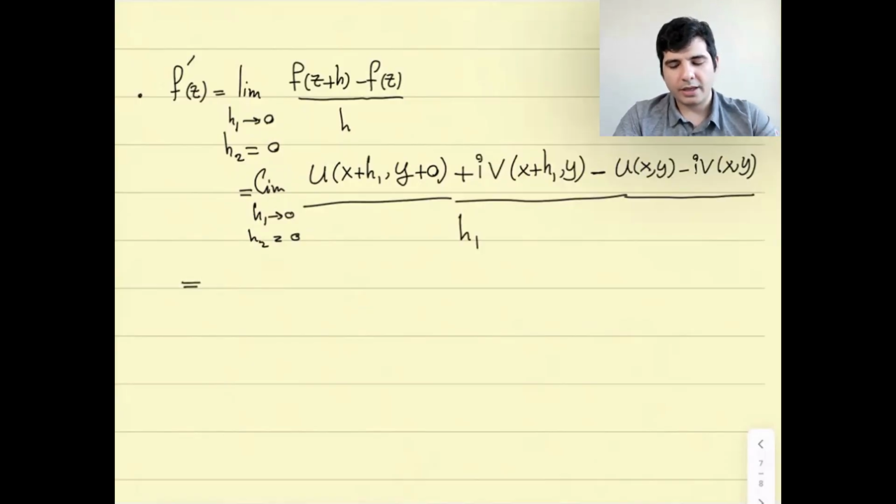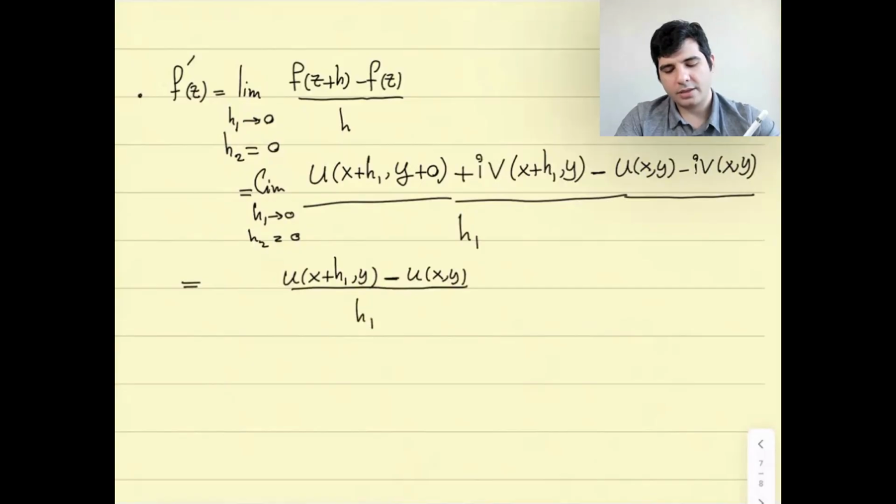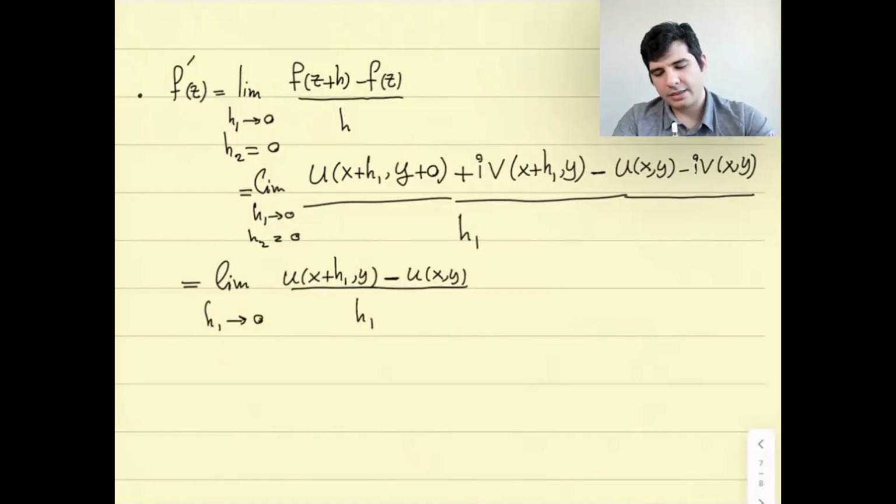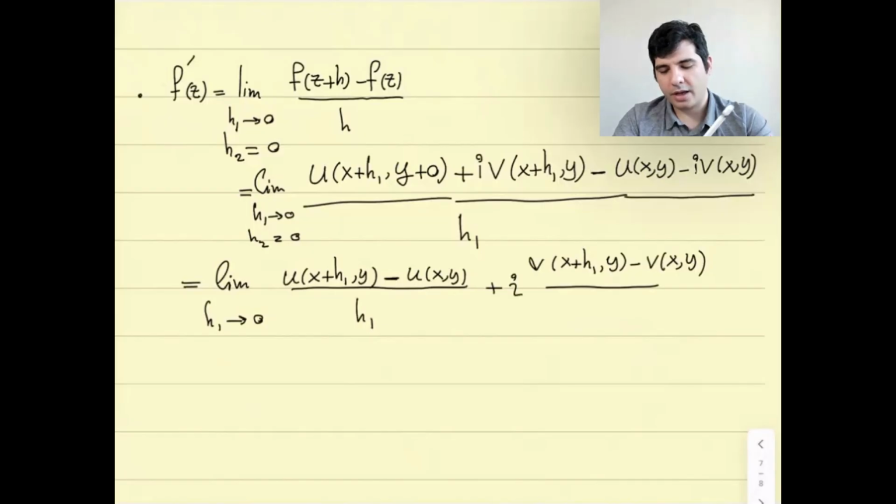Okay, now we can break this into essentially two parts. There is one part which is u of x plus h1, y minus u of x and y, divided by h1. There is this part. And then there is v of x plus h1, y minus v of x and y, the whole thing multiplied by i over h1.